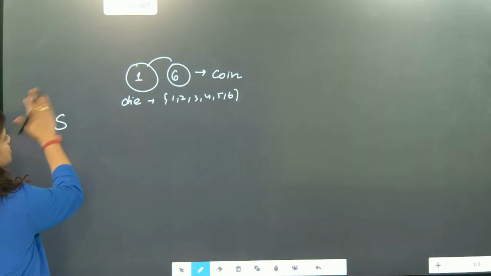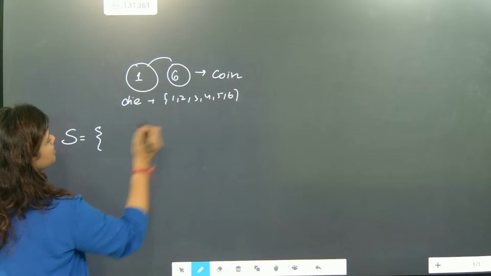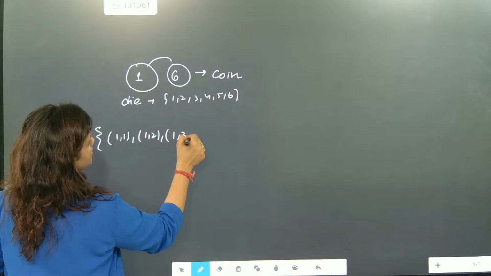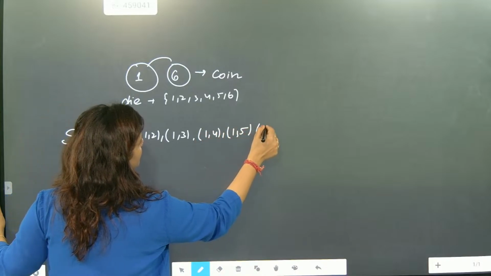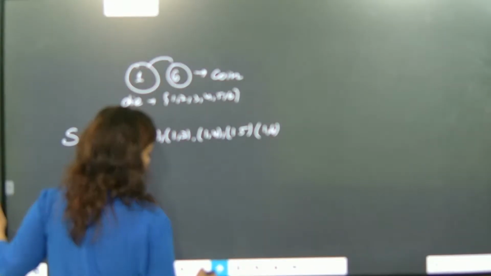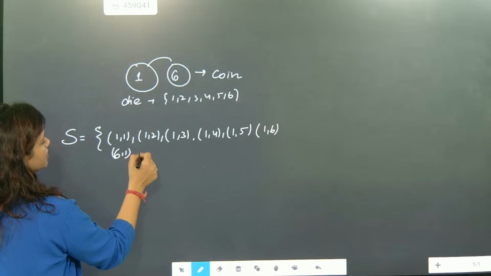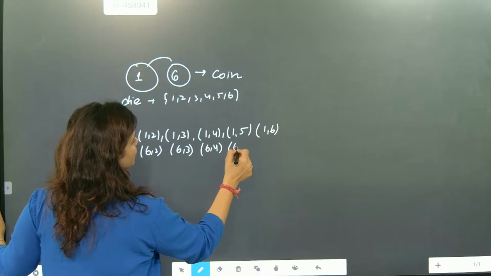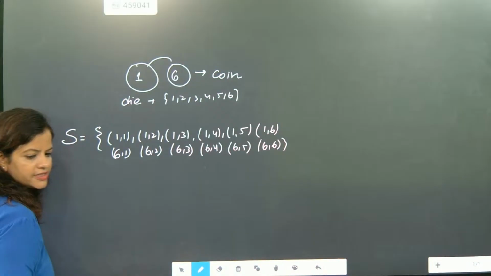So how are we going to do this? Here 1 will be with all six, so it becomes 1 1, 1 2, 1 3, 1 4, 1 5 and 1 6. The second one is 6: 6 1, 6 2, 6 3, 6 4, 6 5 and 6 6.